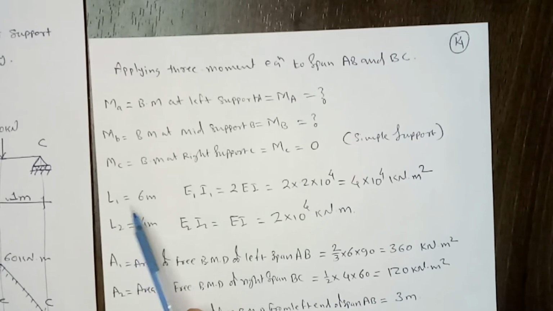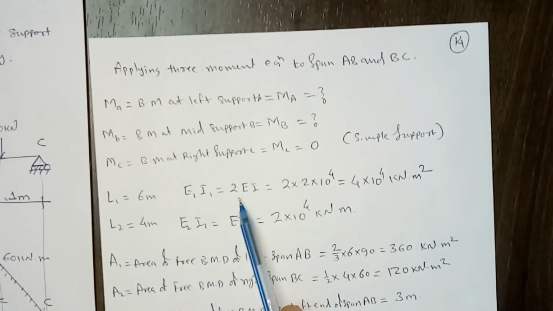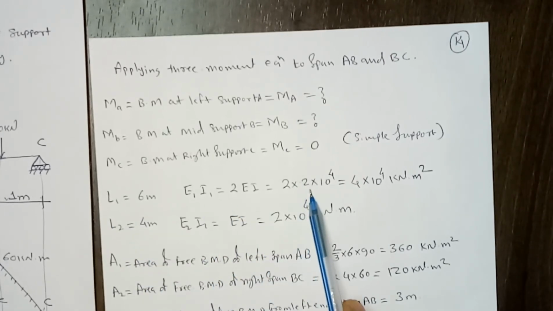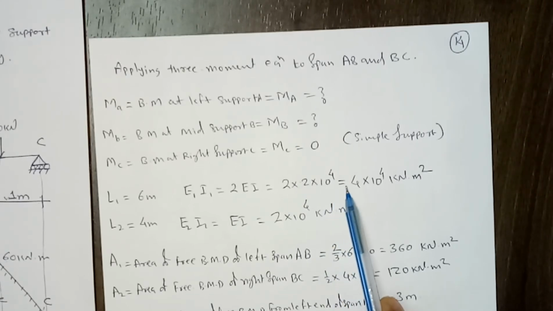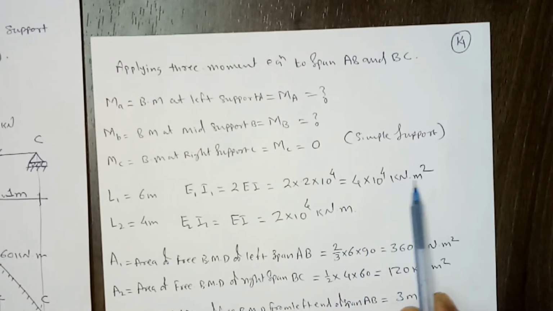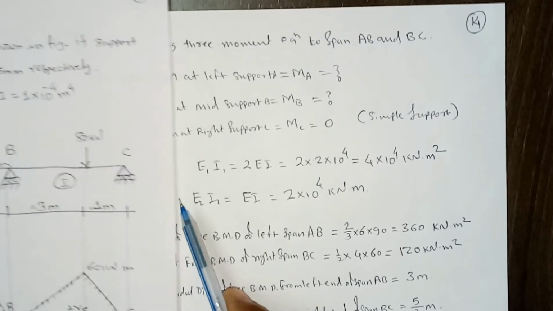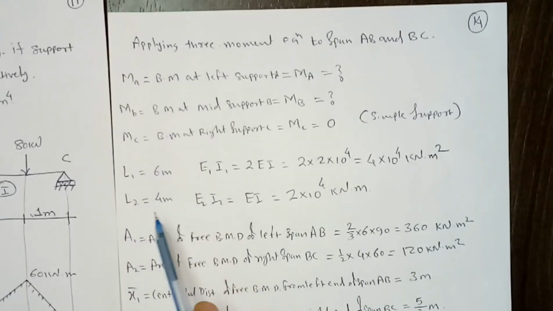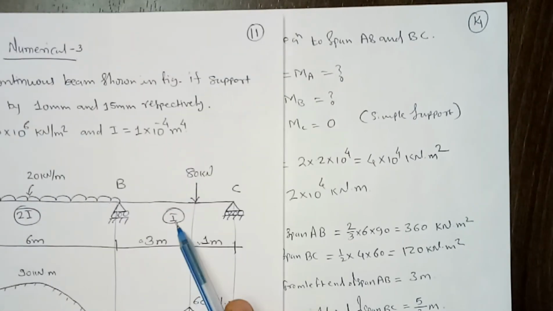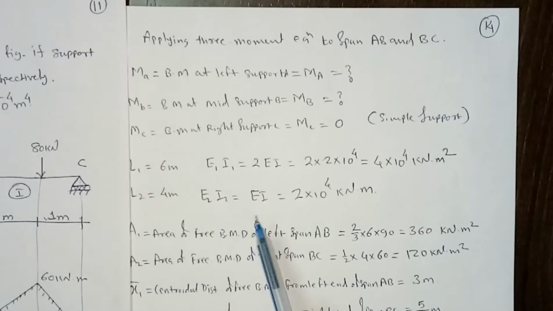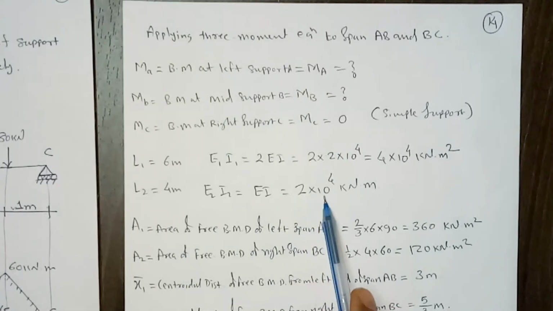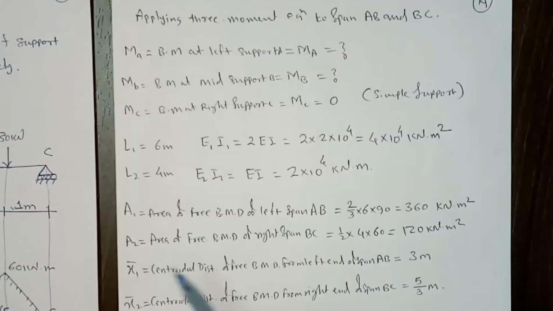So the length of the first span is 6 meter, then EI is equal to 2 EI, so 2 multiplied by 2 into 10 raised to 4, equal to 4 into 10 raised to 4 kilonewton meter square. Similarly, L2 is the length of the second span, which is 4 meter, and the flexural rigidity is EI here, which is equal to 2 into 10 raised to 4 kilonewton meter square.